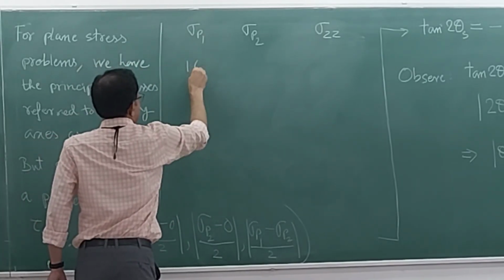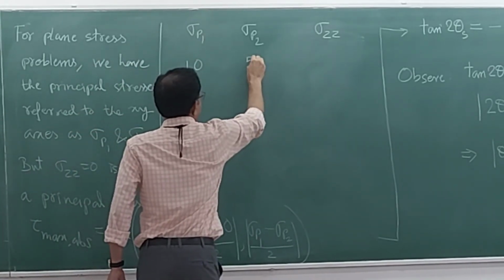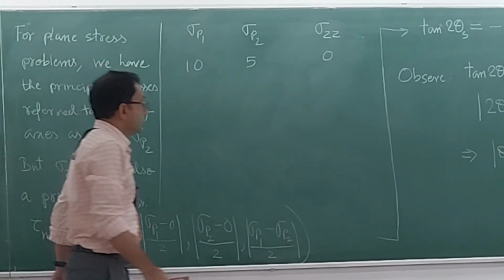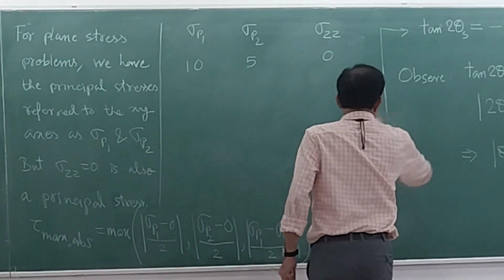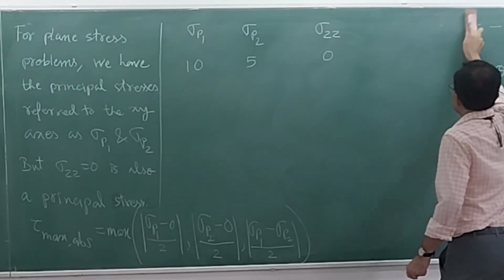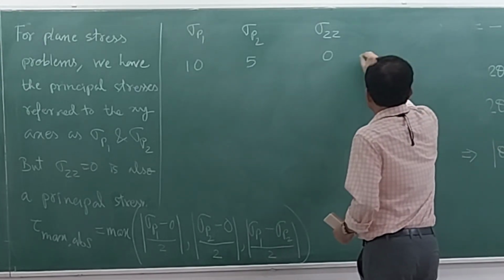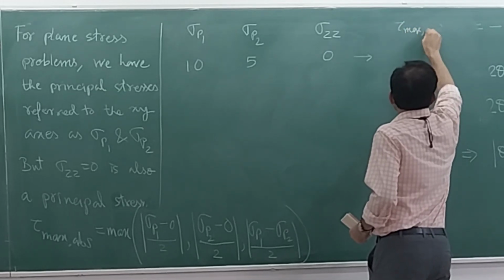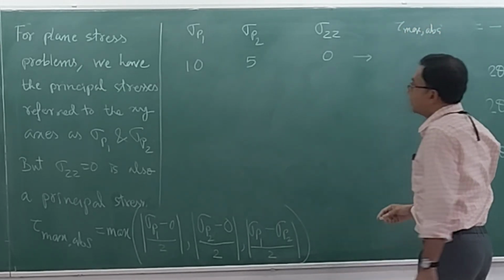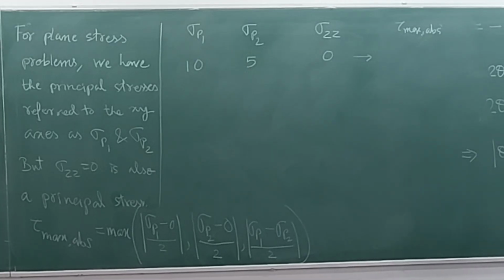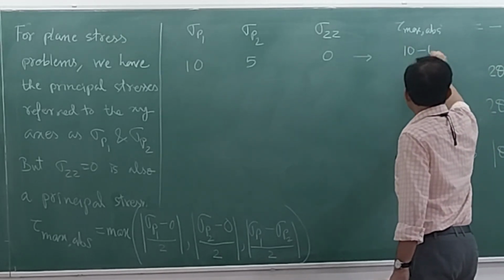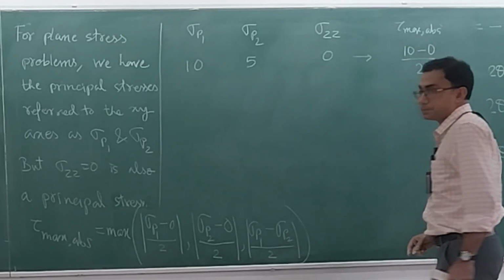Suppose this is 10, 5, and this is always 0. Then the tau max absolute will be 10 minus 0 by 2.